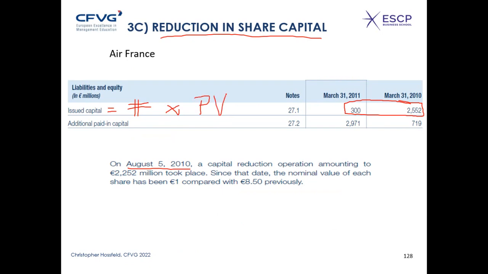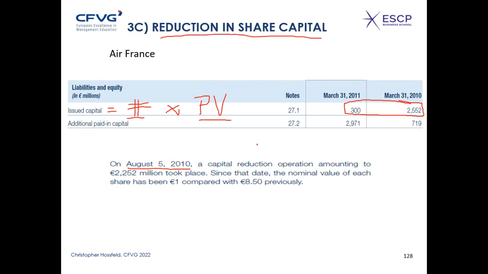That means if I want to increase my share capital, I could also do this by increasing the par value. But when I do this, there's no cash inflow, therefore it doesn't really make sense. The same when I have a capital reduction: I can either reduce the number of shares, that means delete some shares, or I can reduce the par value.